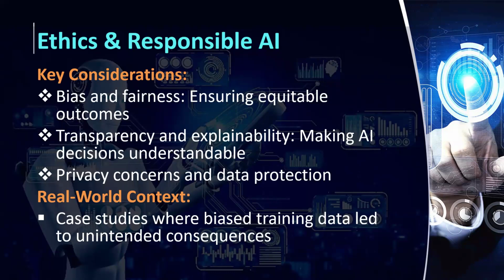Cool. So then we have a good real world context, case studies where biased training data led to unintended consequences. You can go and read about cases where, for example, there was one case in Amazon where an employment tool suggested that for you to be employed, you had to be a male.